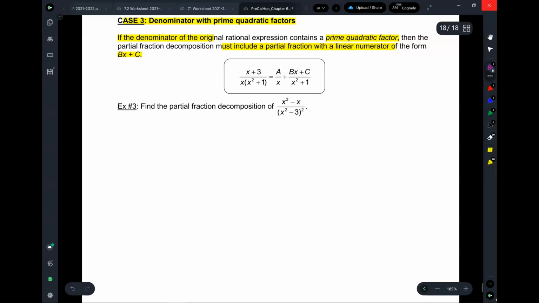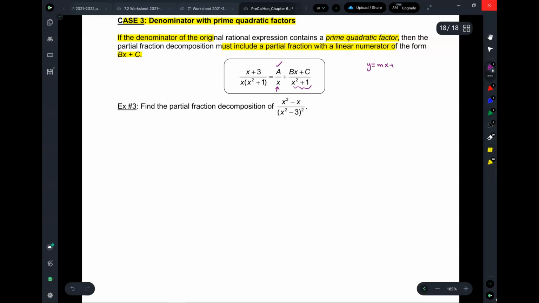Well, remember what we also said, that the numerator has to have 1 degree less? Well, here if you have an x for the denominator, then 1 degree less would be a constant, so you have an A. But here, if you have a quadratic, 1 degree less would be a linear function. And what's our favorite form of a linear function?